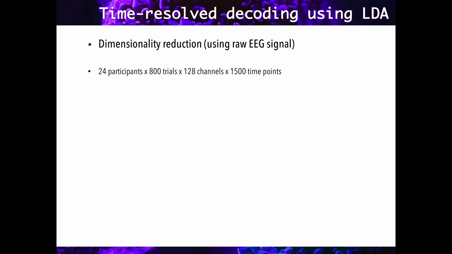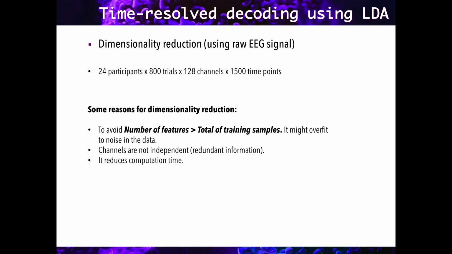One reason is to avoid having more features to train and test the classifier than data points. Imagine that you are using the voltage in 128 channels as features, but you only have 80 trials, like 40 trials per category. That's something that we should avoid since it might overfit noise in the data.